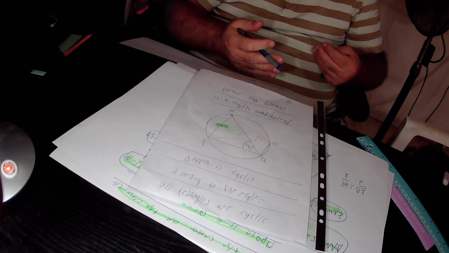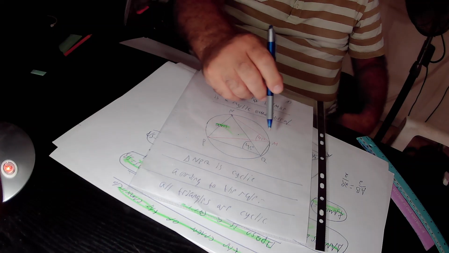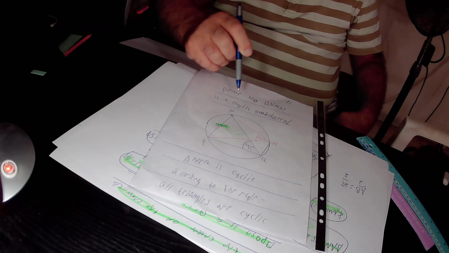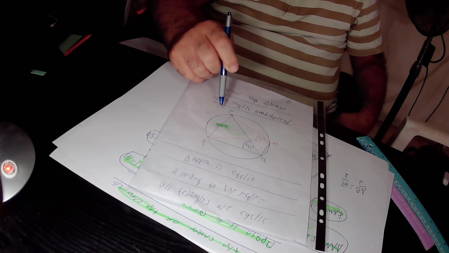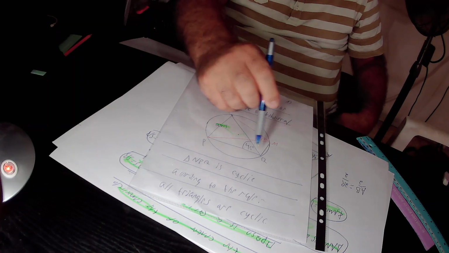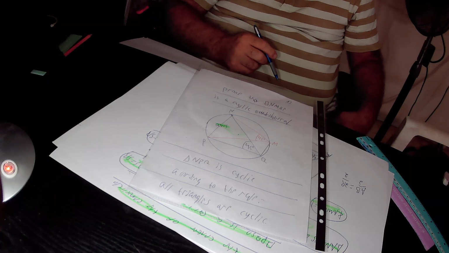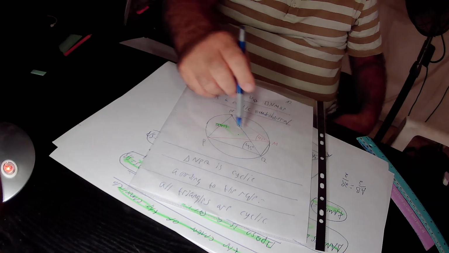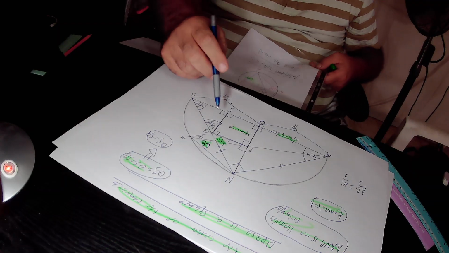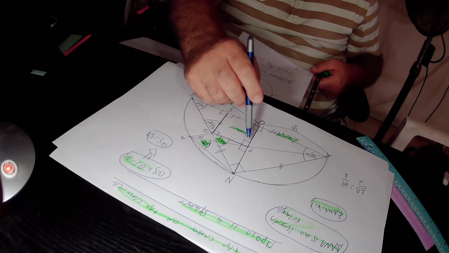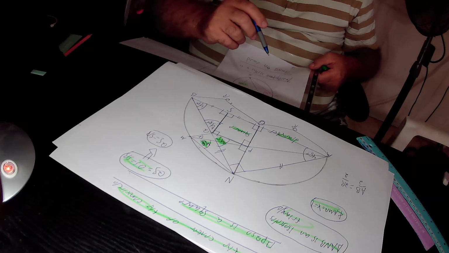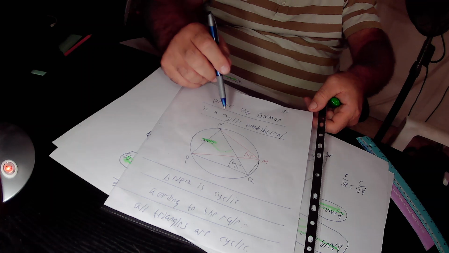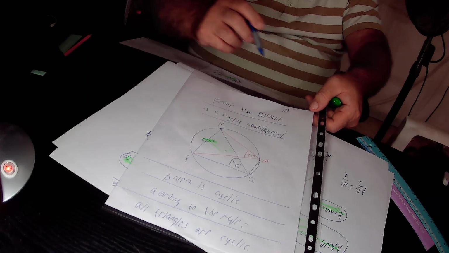So in this way, we prove that quadrilateral NMQP is a cyclic quadrilateral, because we block this quadrilateral by this circle. So in conclusion, quadrilateral NMQP, the same quadrilateral NMQP as in the original drawing, is a cyclic quadrilateral, because we blocked it by this circle.